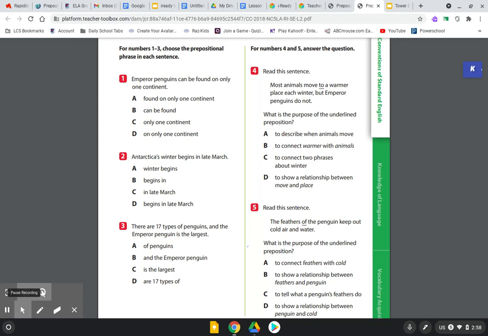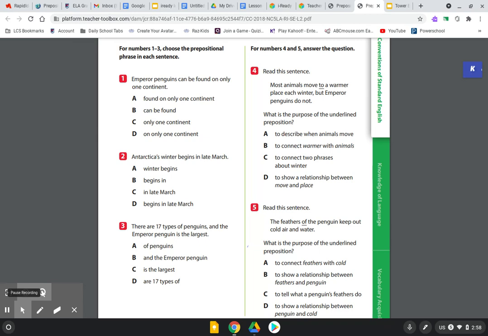For numbers 1 through 3, choose the prepositional phrase in each sentence. Number 1, emperor penguins can be found on only one continent. A, found on only one continent. B, can be found. C, only one continent. D, on only one continent. Number 2, Antarctica's winter begins in late March. What is the prepositional phrase?